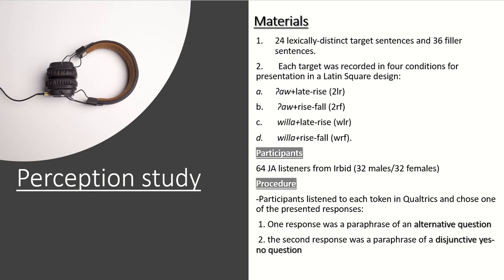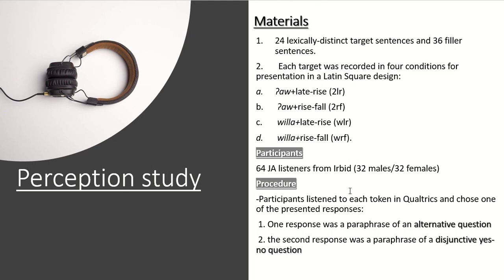The material was 24 lexically distinct target sentences with 36 fillers, so they heard 60 items, and each target was recorded in four conditions, as you see here in a Latin square design: أو let rise, أو rise fall, ولا let rise, ولا rise fall, and we had 64 listeners.